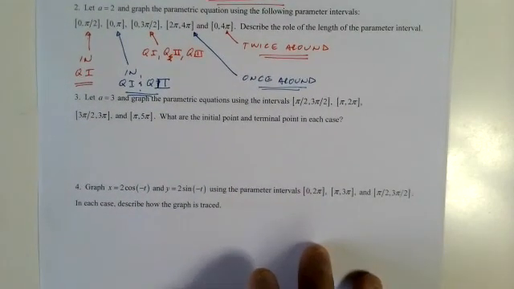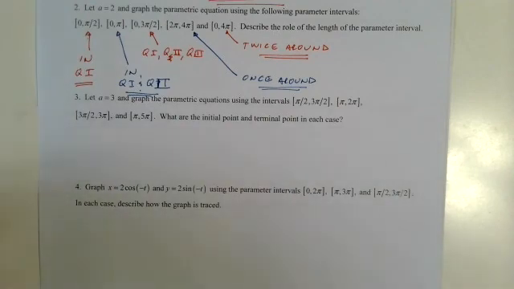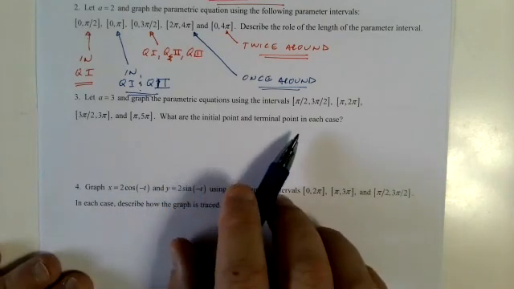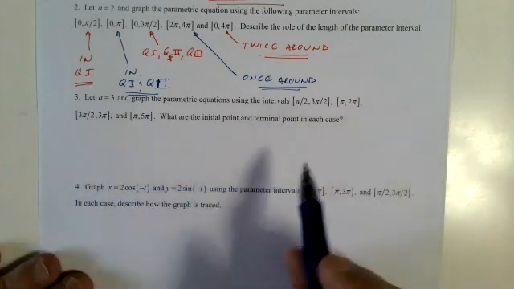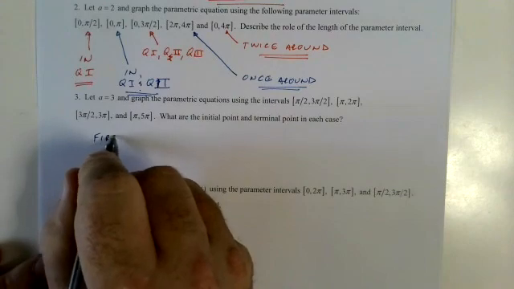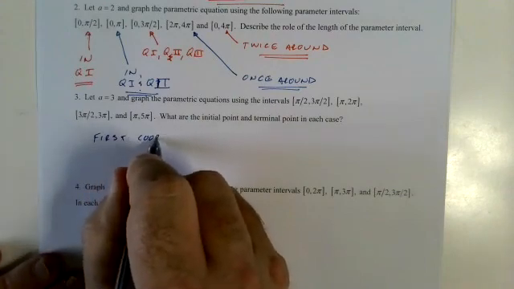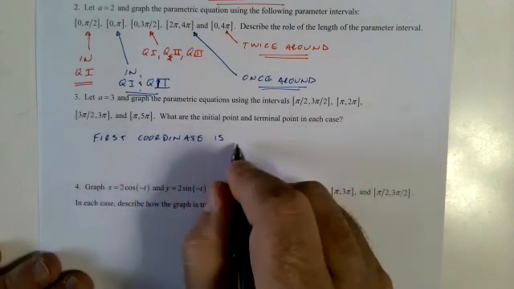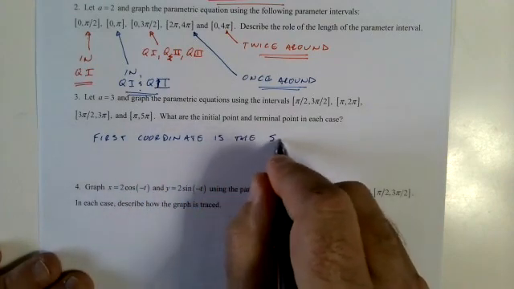All right, so now let's go with a equals 3. And they want us to graph it. Well, I've already graphed it, so I'm not going to graph it again. I say use these intervals. All right. What's the initial point and terminal point in each case? Well, the first, and I'm going to go starting point.